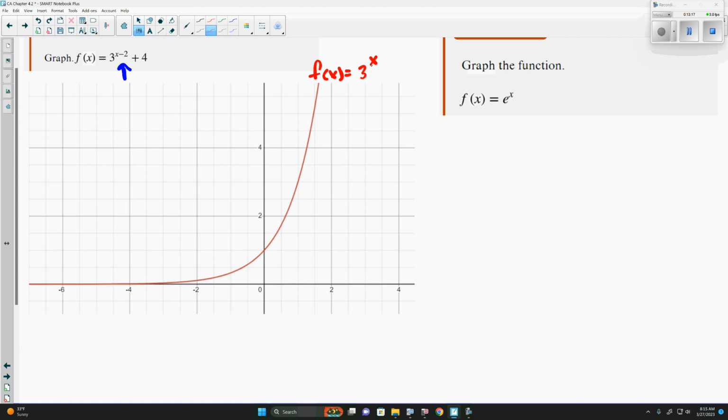Now in ALEKS, it's going to be a little bit nicer than this, because for ALEKS, you can just grab this function and move it accordingly. Now, the minus 2 is telling us we're moving it 2 units, where? To the right. Move it 2 units to the right.